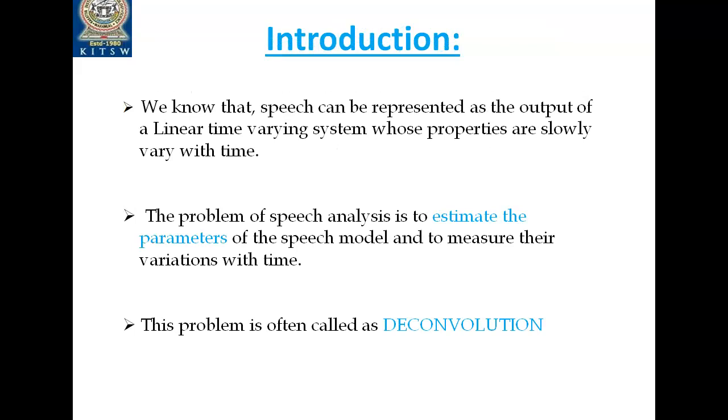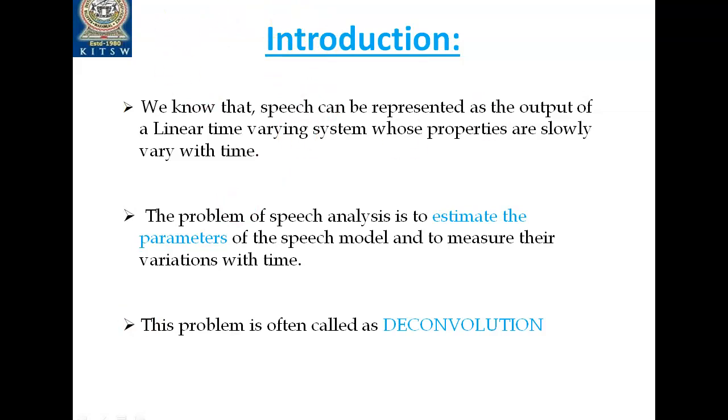Alright, so we know that speech can be represented as the output of a linear time varying system whose properties vary slowly with time. This we already know, because the speech signal is a non-stationary signal.